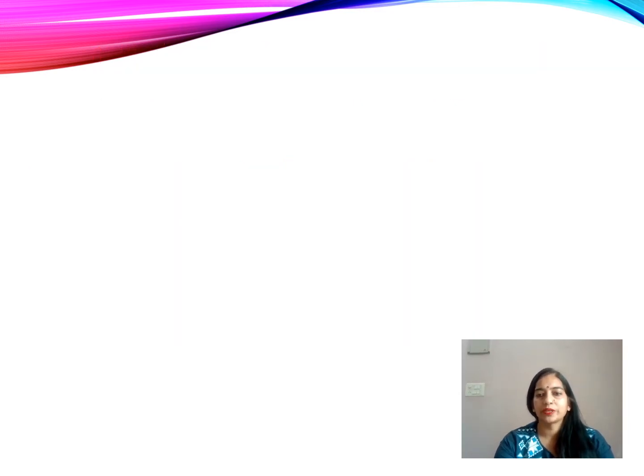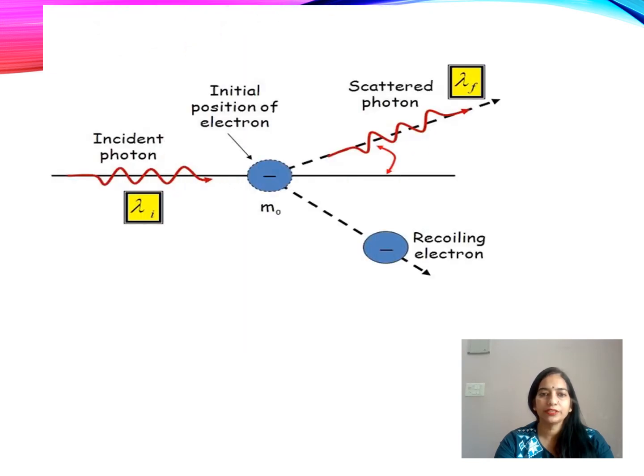Now derive an expression for Compton shift and Compton effect. Consider an incident photon whose wavelength is lambda I incident on an electron which is at rest, whose rest mass is m naught.